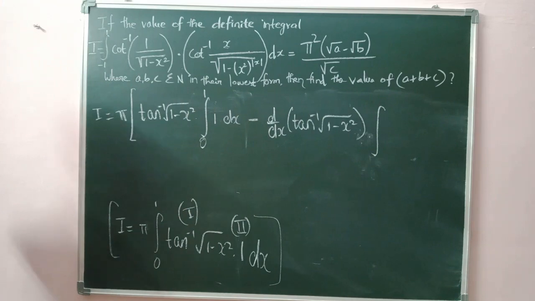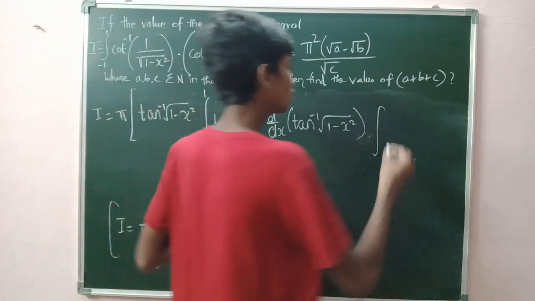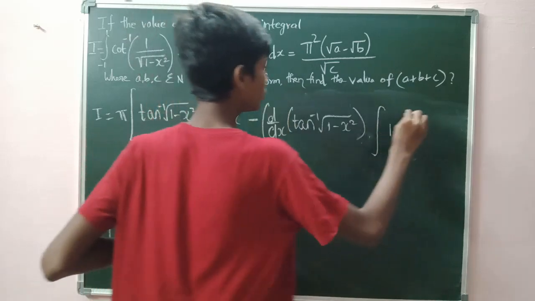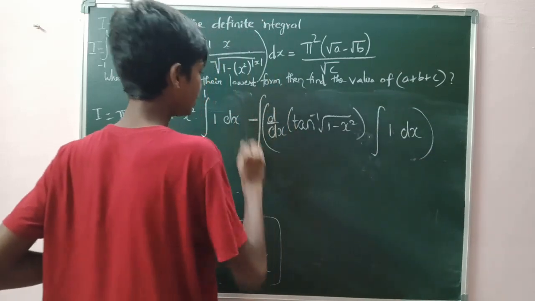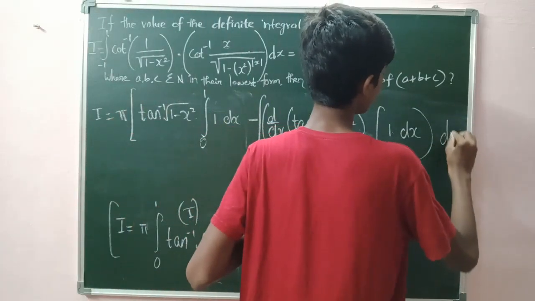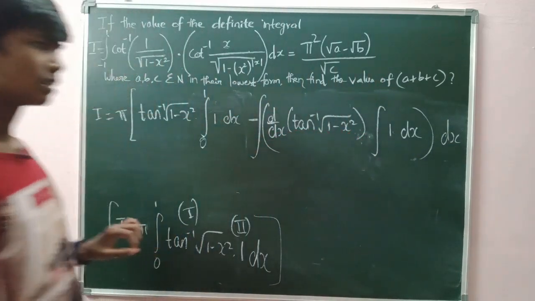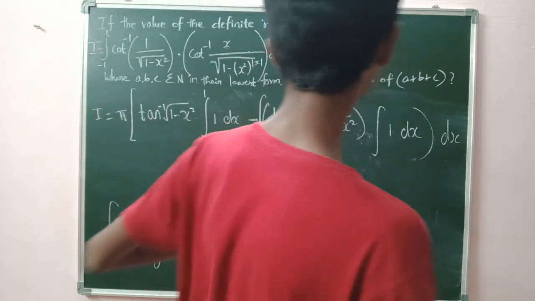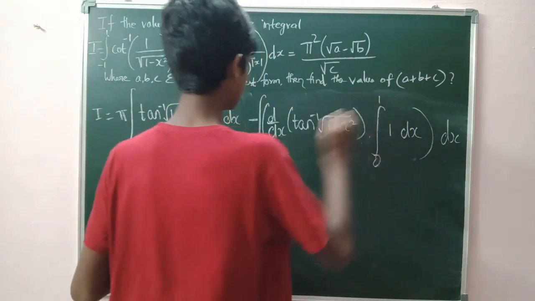What is integral of your second function, people? So integral of second function, integral of 1 dx. Then we have to put a whole integral, then a dx on the whole. Okay, this is something we will be left out with. So now let me solve it further. So here it will be 0 to 1, 0 to 1.